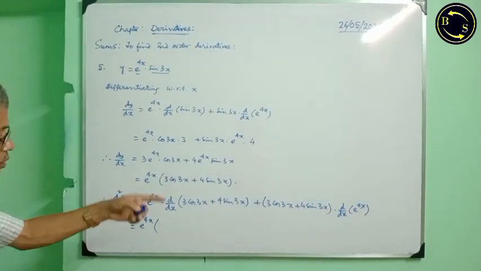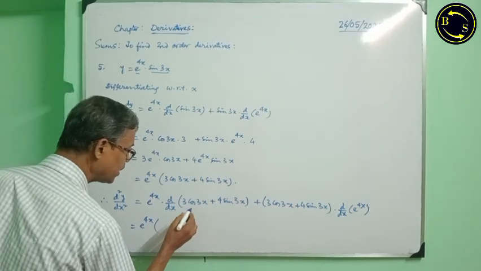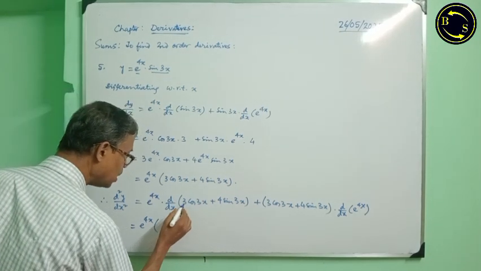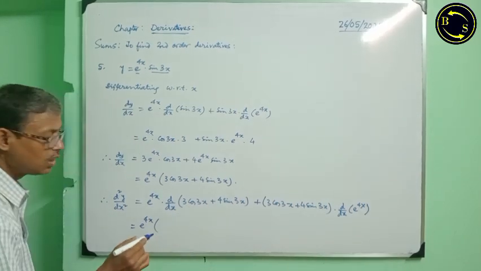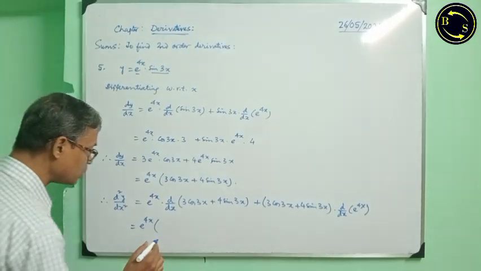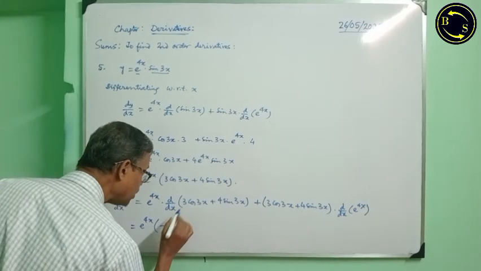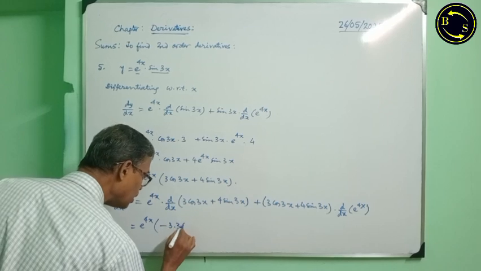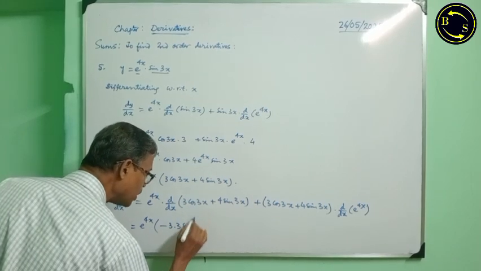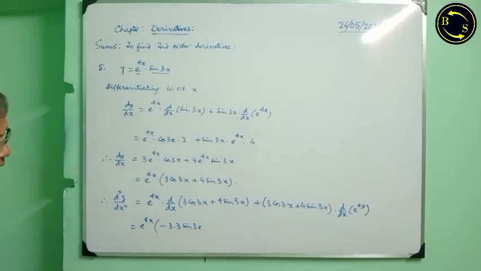Now derivative of that expression. First of all, 3 constant, cos 3x, cos function is therefore derivative will be minus 3 into derivative of 3x is 3, therefore 3 derivative of cos 3x is sine 3x. I have done mentally.